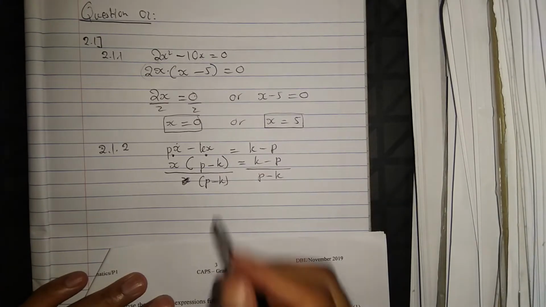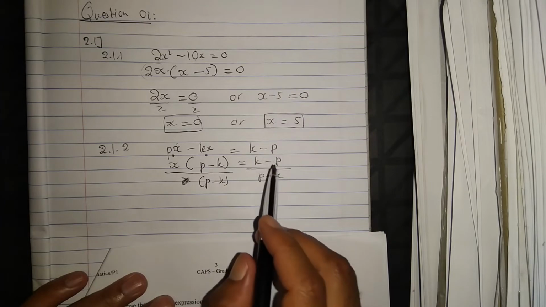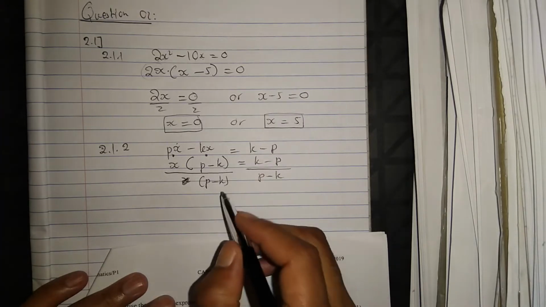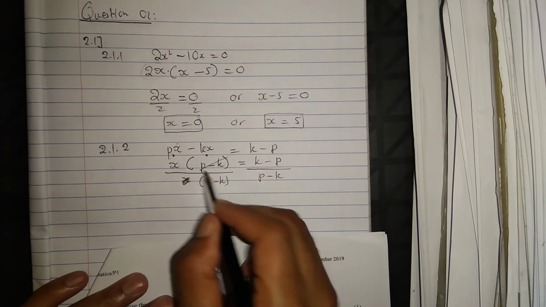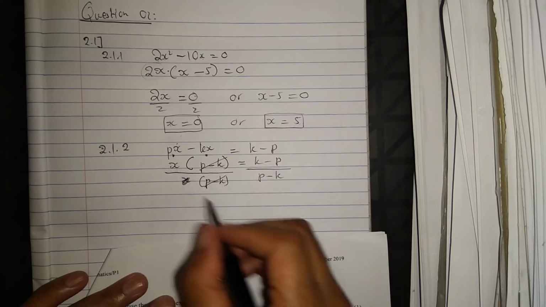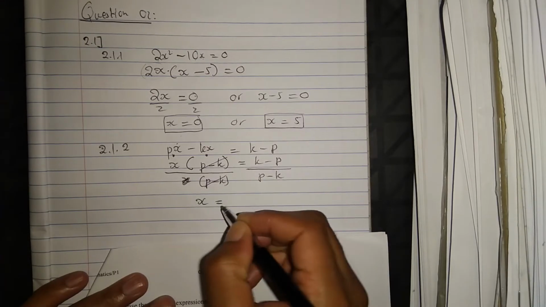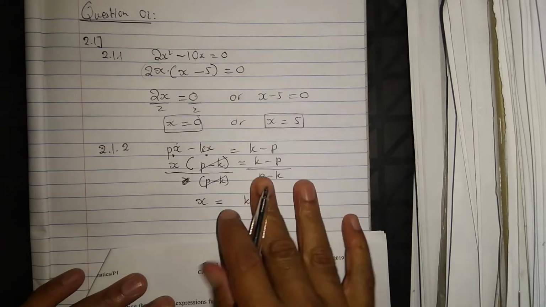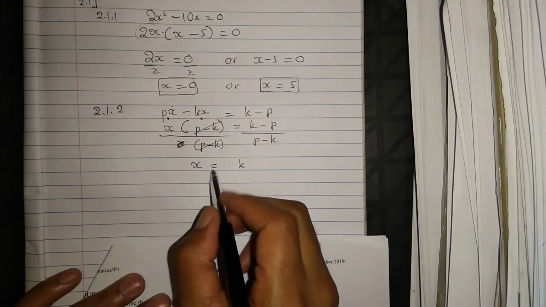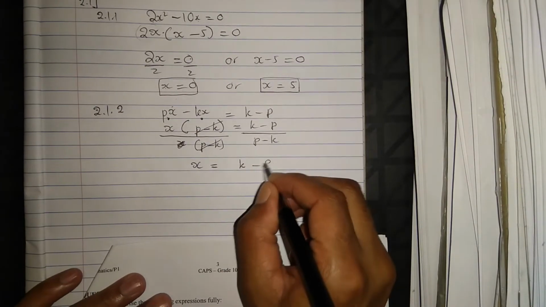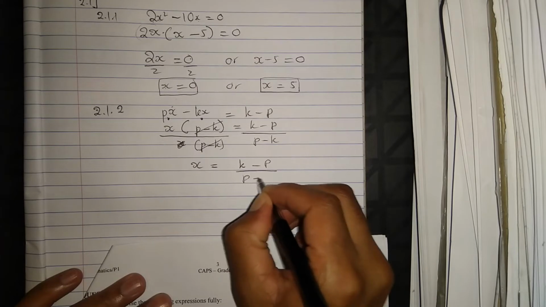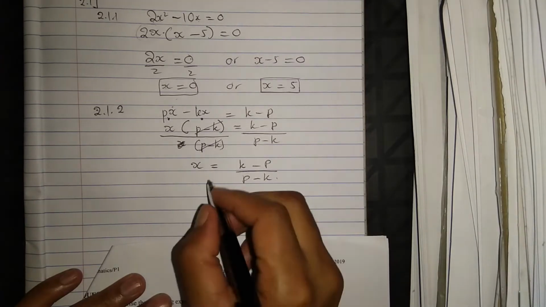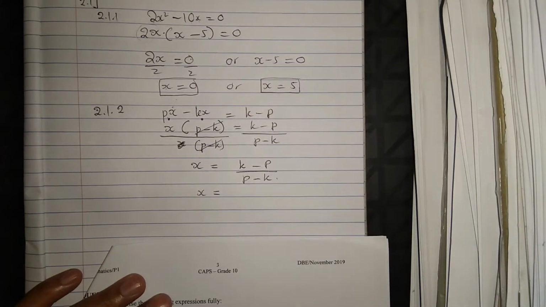Why not dividing with p minus k? Why not dividing with 5? Or why not dividing with x? We divide with p minus k because we want x to remain on the left hand side. So the equation will end up as x equal to k minus p divided by p minus k.